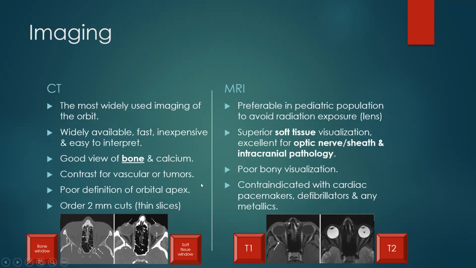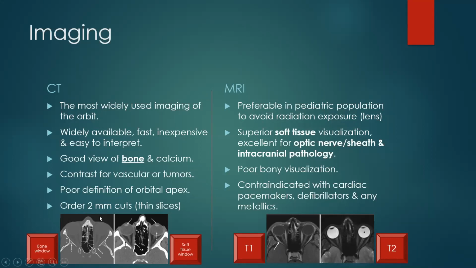Mainly, these are the cases that we need contrast in. But it has a poor definition of the orbital apex. We have to order thin slices, which is 2 millimeter cuts in CT for orbits.